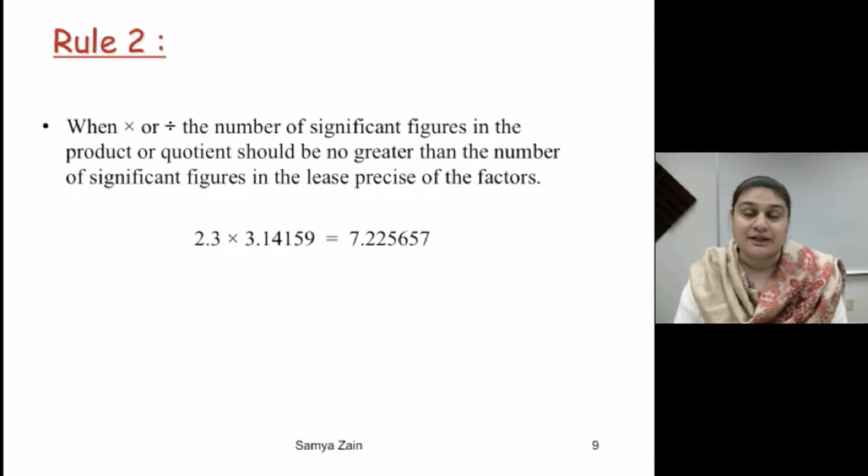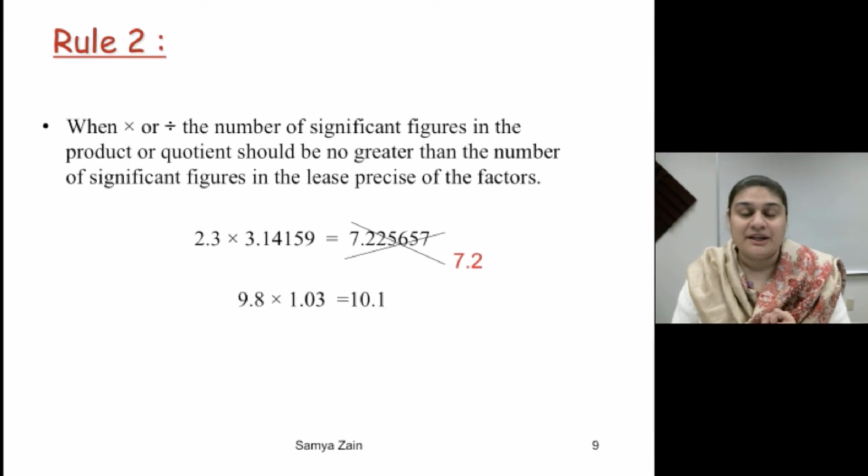Is this actually correct? Is this the number that you should be coding as an answer? And the answer is absolutely not. Because the number of significant figures in the least precise number is 2.3. That's two significant figures. So our answer should not have more than two significant figures.